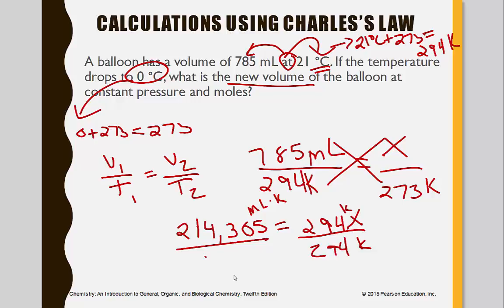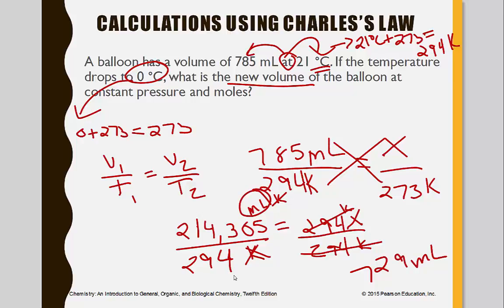And this is why, as long as your units match up, you're okay. With the exception of temperature. Temperature 100% of the time has to be in Kelvin. The kelvins cancel. So it's 214,305 divided by 294. That comes out to be 729, and we're left over with milliliters.